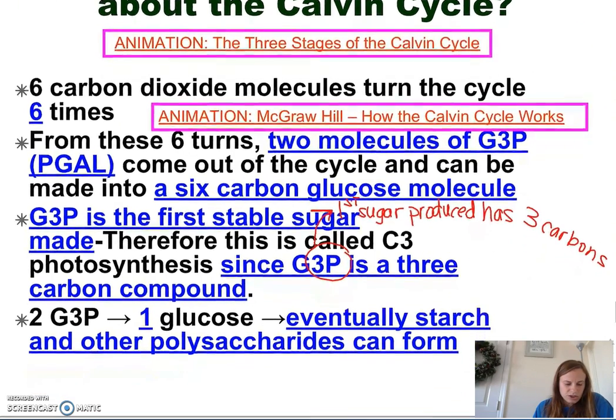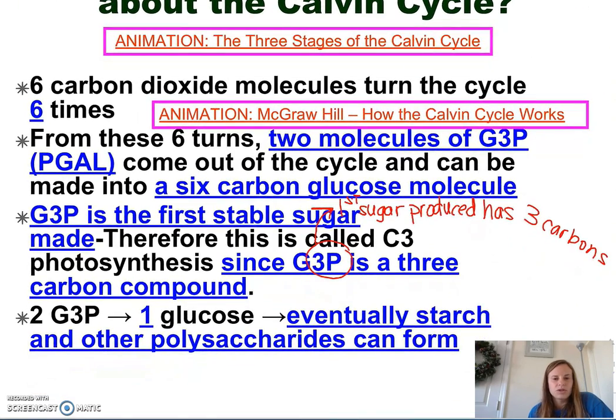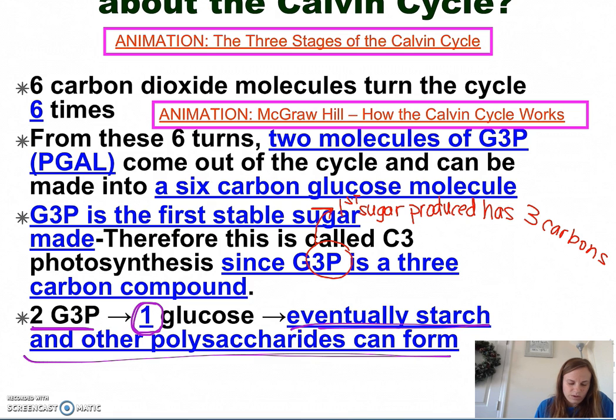You need to know that G3P is the first stable sugar made, since G3P is a 3-carbon sugar. You also need to know, like we mentioned earlier, that for every 2 G3Ps, I'm going to get 1 glucose, and then those glucoses can eventually form starch and other polysaccharides.